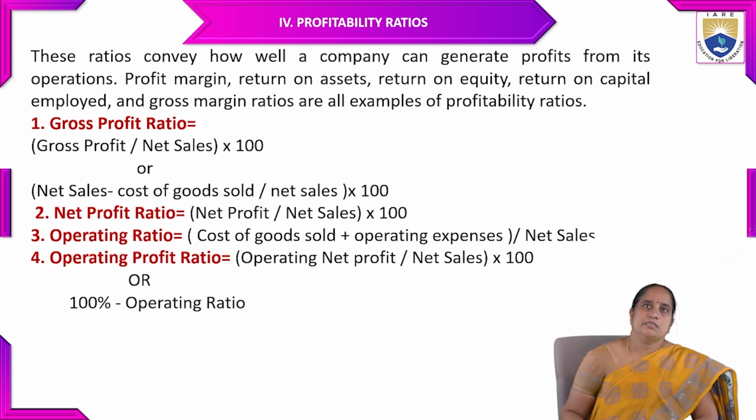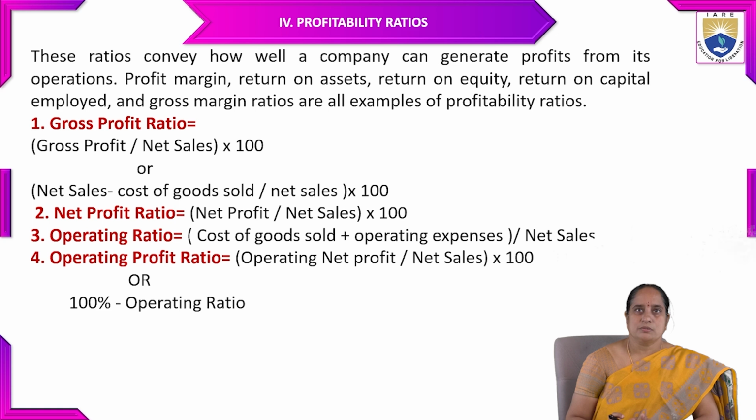Then fourth category is profitability ratios. So these ratios convey how well a company can generate profits from its operations. Profit margin, return on assets, return on equity, return on capital employed, and gross margin ratios are examples of profitability ratios.